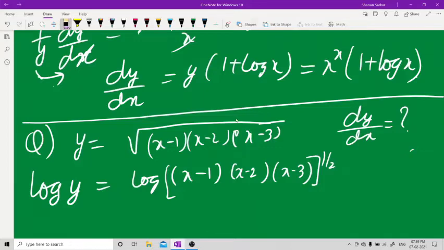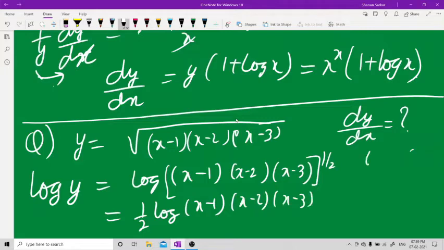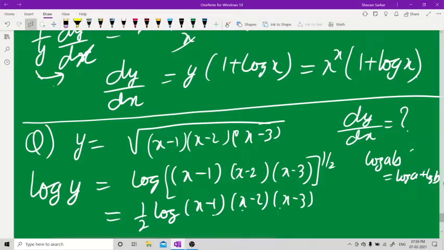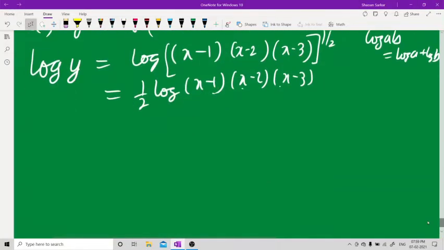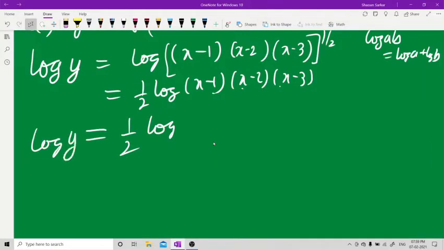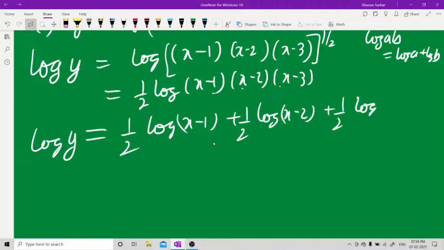So write this as half log of x minus 1, x minus 2, x minus 3. Now log AB is equal to log A plus log B. So log y is now equal to half log x minus 1 plus half log x minus 2 plus half log x minus 3.